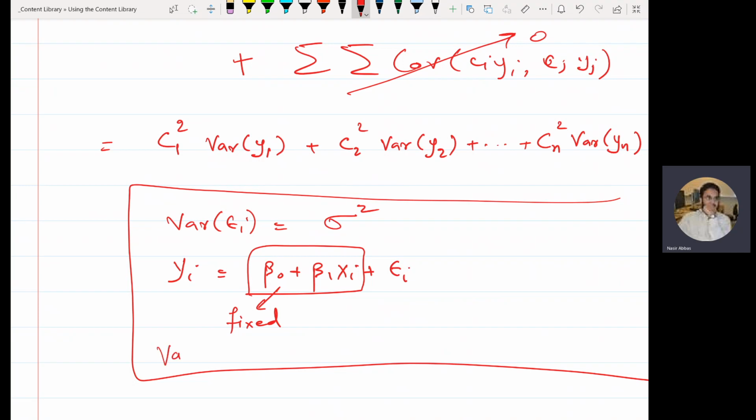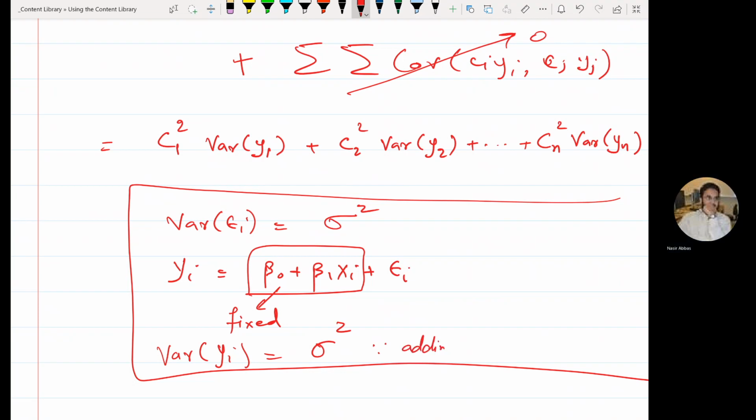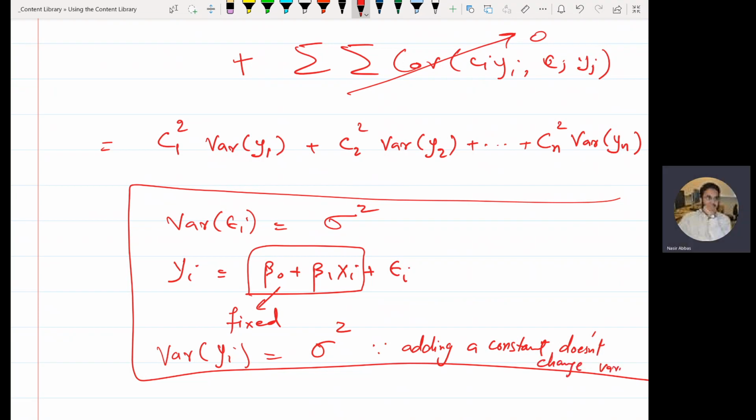So variance of y will be what? It will also be sigma square. Why? Because adding a constant doesn't change variance.